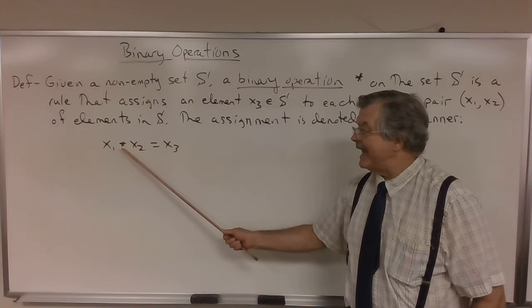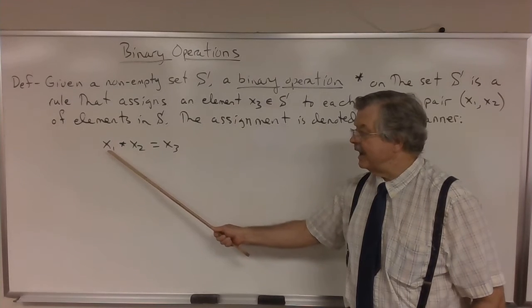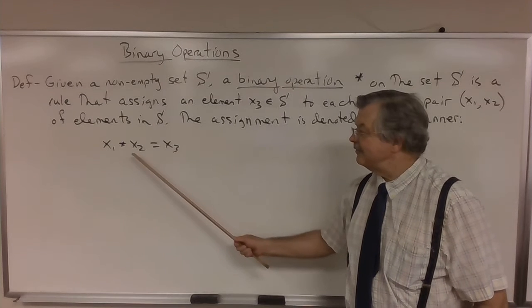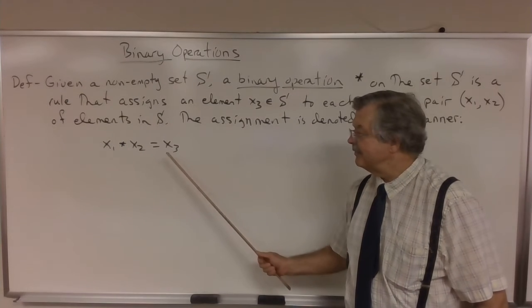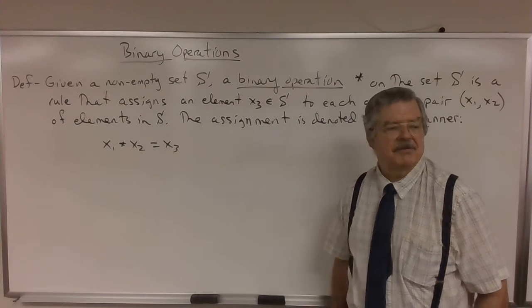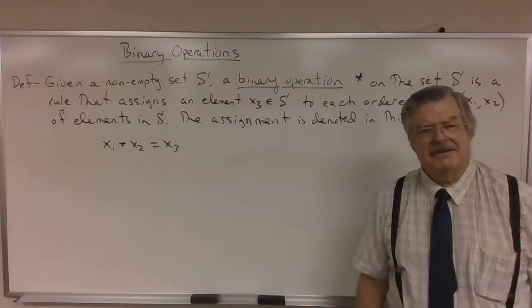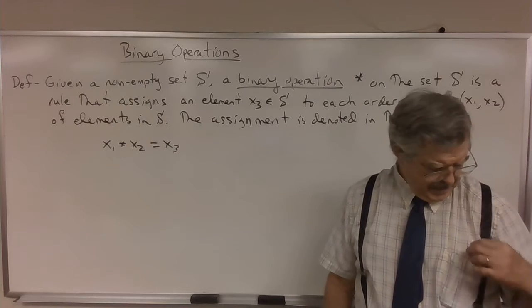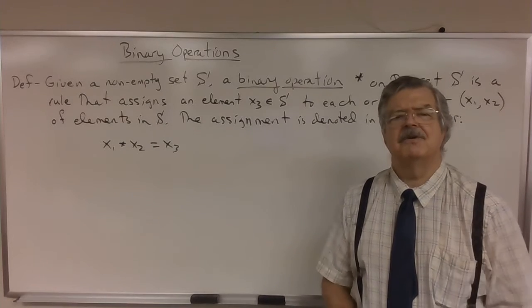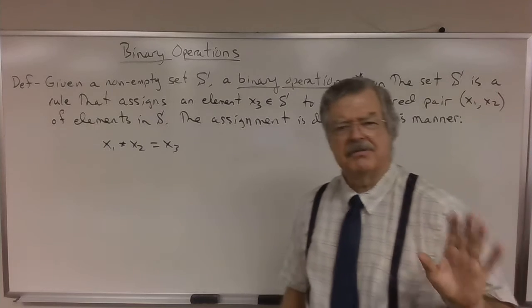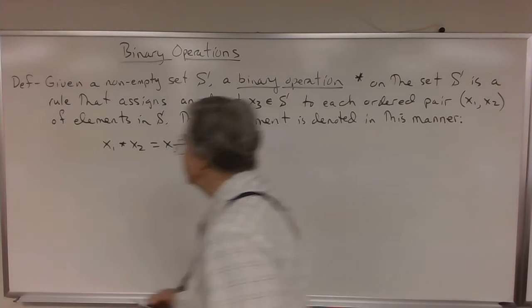The operator acts on this ordered pair, x1, x2, and it assigns to this ordered pair of elements the element x sub 3. Now, the idea of a binary operation is not new to us. We just haven't referred to it in this manner. But let's look at some examples.